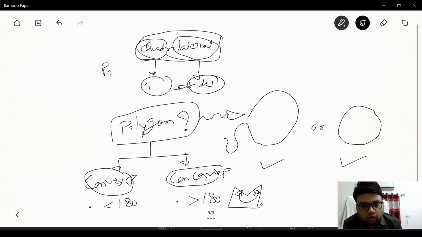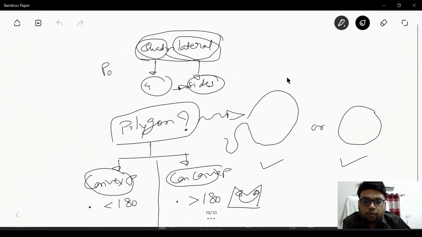So this figure will be a concave polygon. We will see more examples of convex and concave polygons in the further pages of your chapter, but you have to remember the one-line definitions of these terminologies.